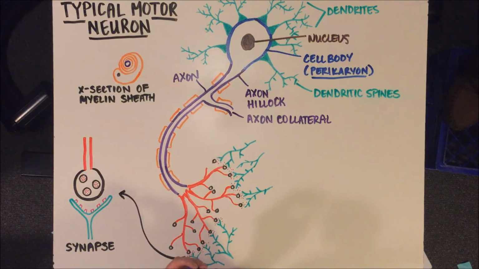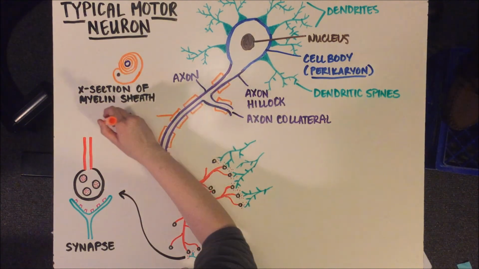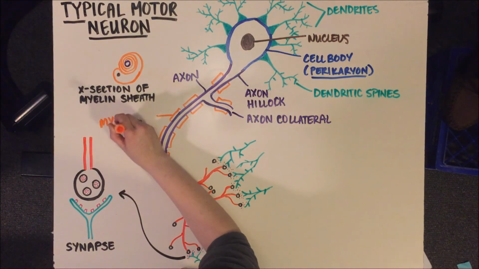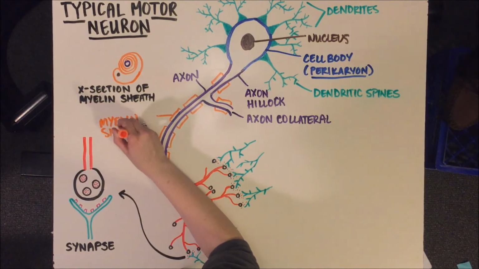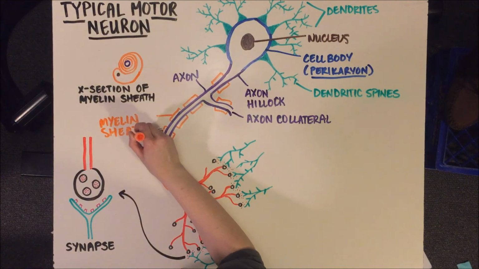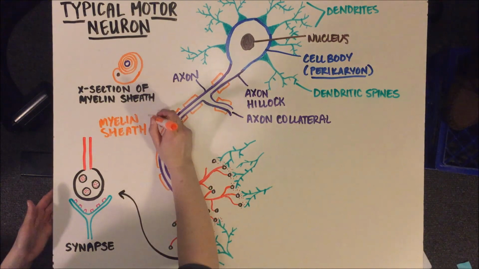So the axon I drew here is myelinated, which I drew with these orange blocks here. So this is known as the myelin sheath. The myelin sheath is made up of fatty cells and it's used as insulation for the neuron.